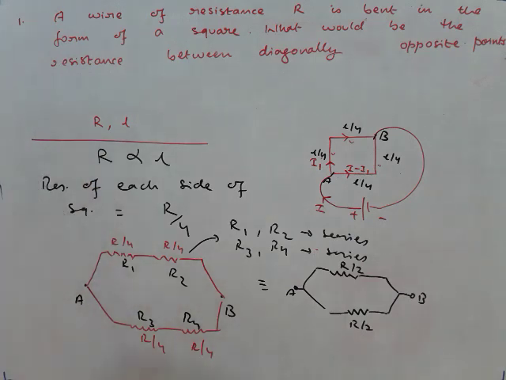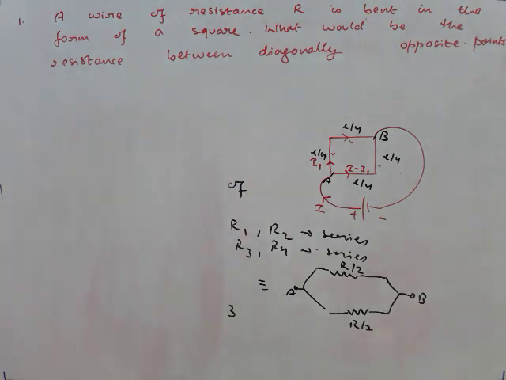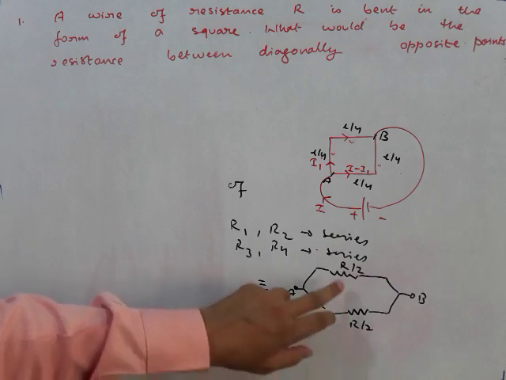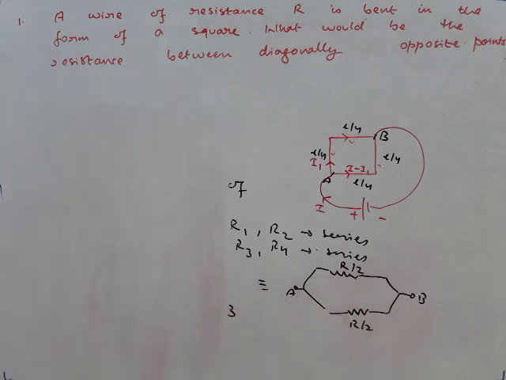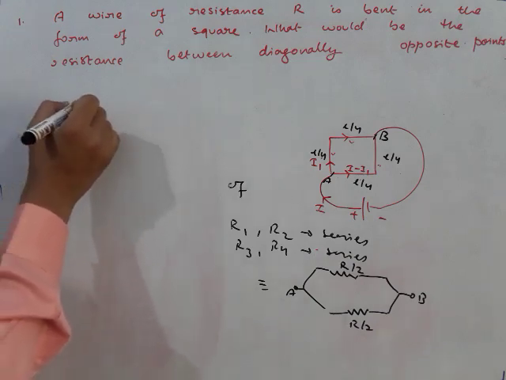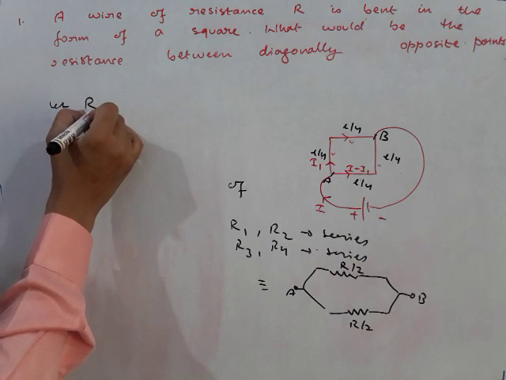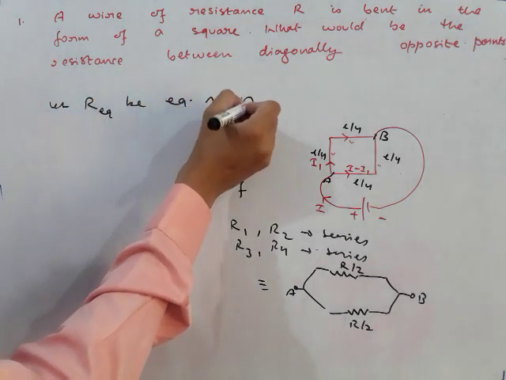Now we have to find the net resistance. These 2 resistances which you see are connected between the same 2 points, therefore they are in parallel. Let Req be the equivalent resistance.